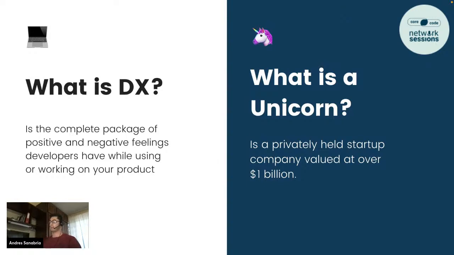So in the market, it is a really unique event when a company becomes a unicorn, right? It is like a barrier, a before and after in the life of a company when it becomes a unicorn.